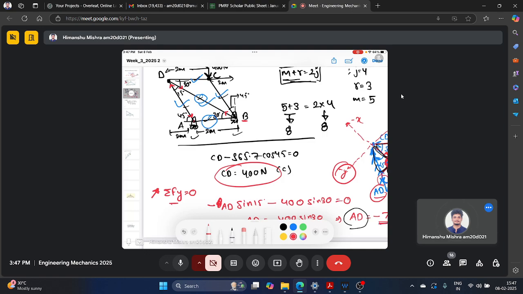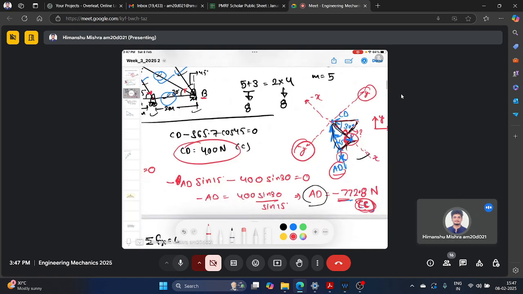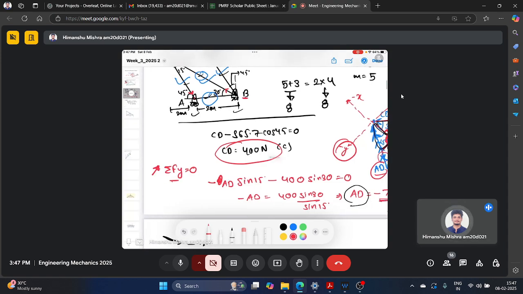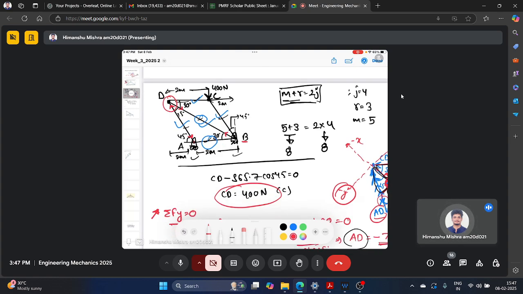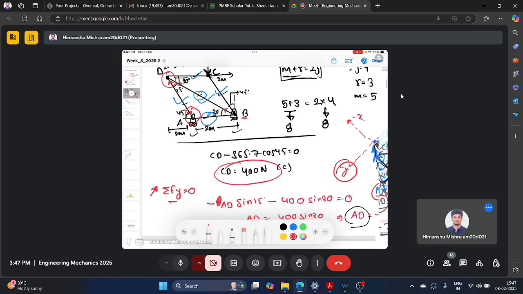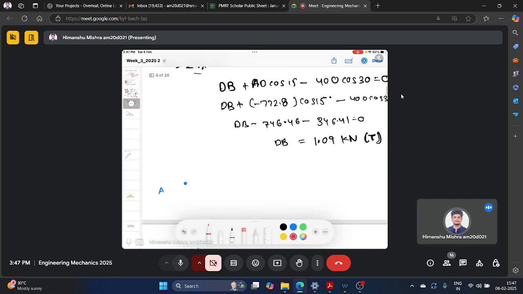So first we get to know that it's a compressive force. So it is towards the D joint when we consider joint D, but now we are considering joint A. So it will follow the same definition, towards the joint, even when we consider joint A. So this will be in this direction towards the joint, and this is AD.